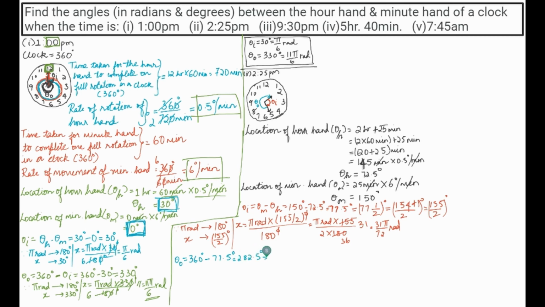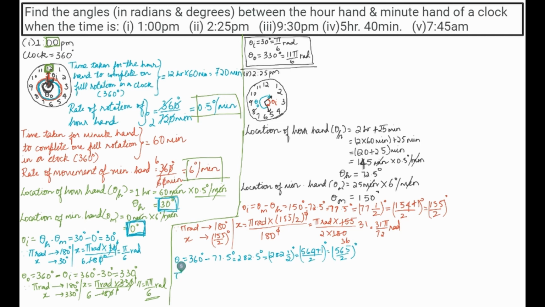When we try to find it in radians, it will be easier to convert when it is in fraction. So 282.5 can be written as 282 and half degree, which is equal to 564 plus 1 divided by 2 degrees, which is equal to 565 by 2 degrees.